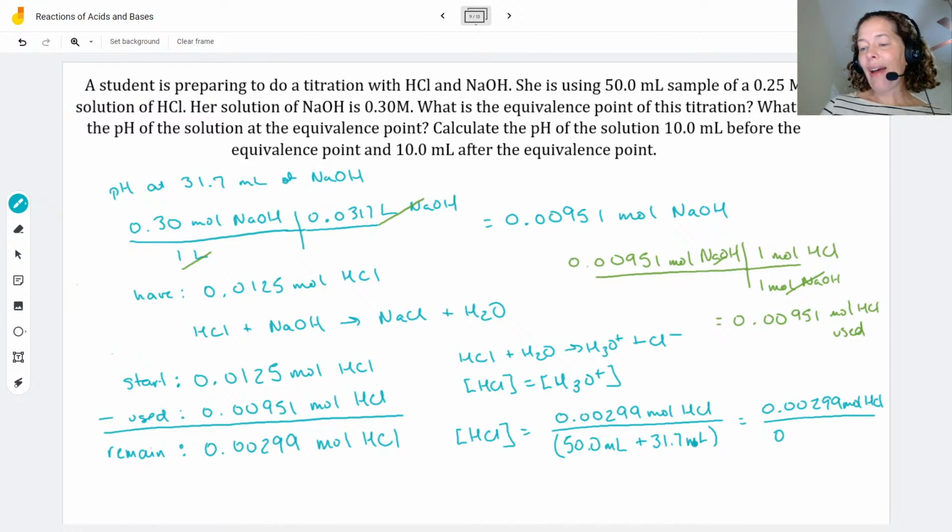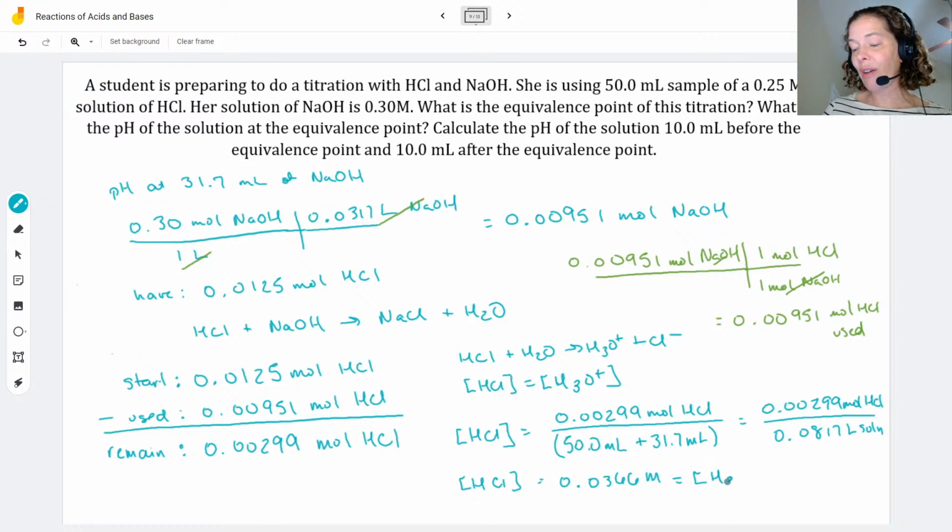So when I add these milliliters and convert to liters, again, just move that decimal 3 places over, I get 0.0817 liters of solution. So now I have my concentration of hydrochloric acid, and that is 0.0366 molar, which means that is my concentration of hydronium because I have a strong acid.